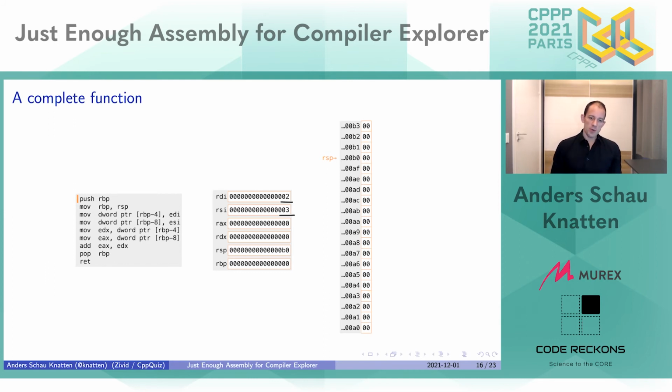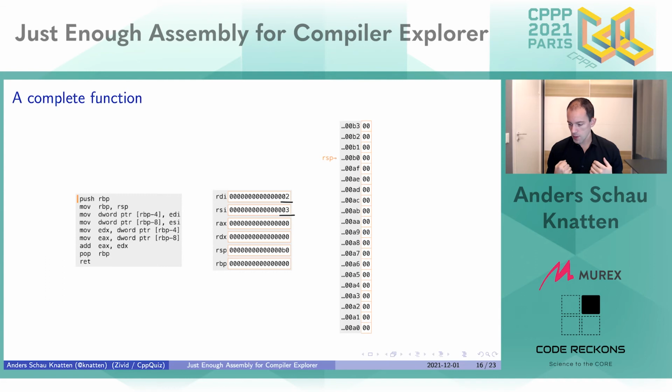And the first thing that happens in the function is this push RBP thing. You can also see I have some more registers here now because I just visualized everything that GCC happened to use in the code it generated. So RBP is the base pointer. It's actually just a general purpose register, but we always use it as a base pointer to our part of the stack.